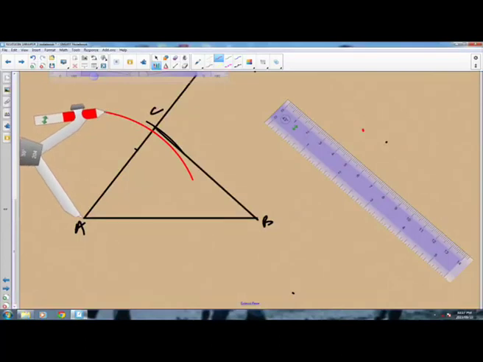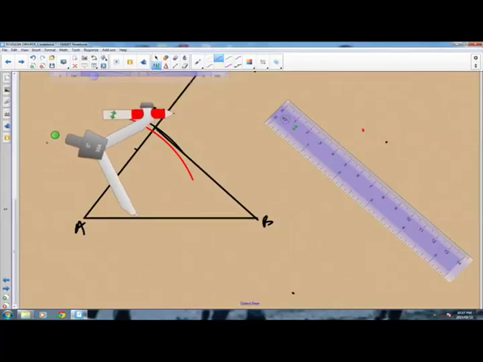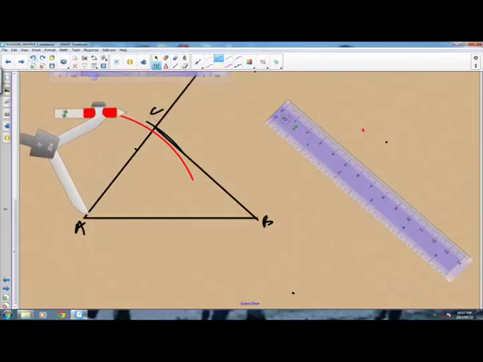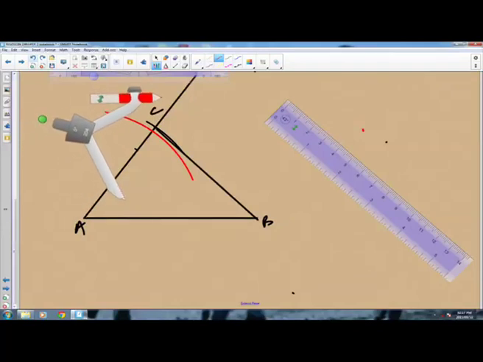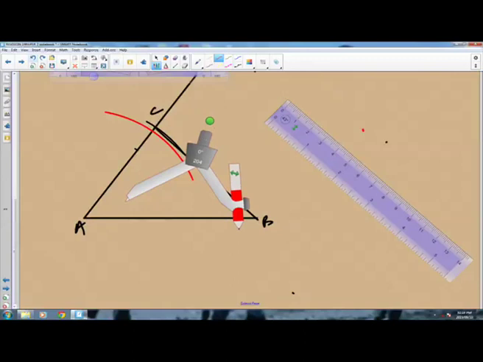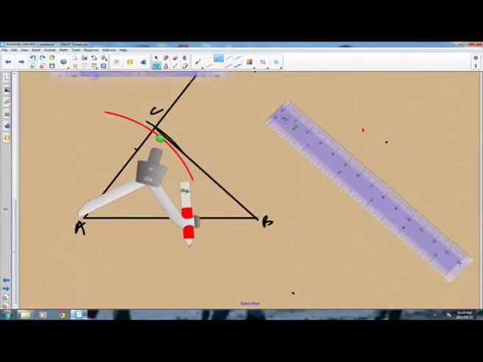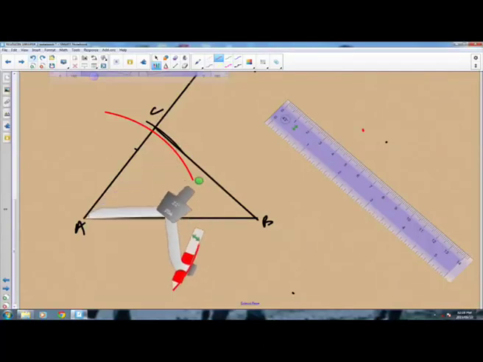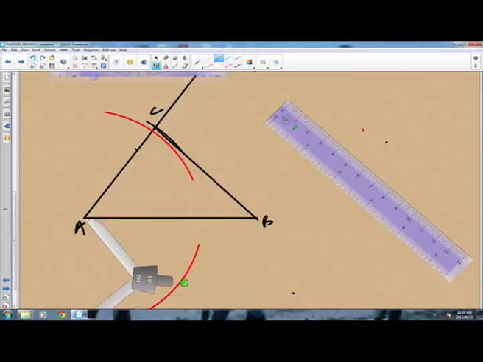And then also make sure that you make another arc at the bottom of line AB. So that is the arc that we are expected to make.